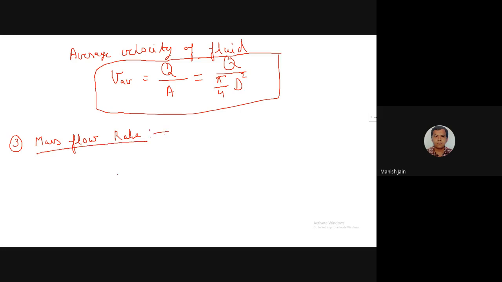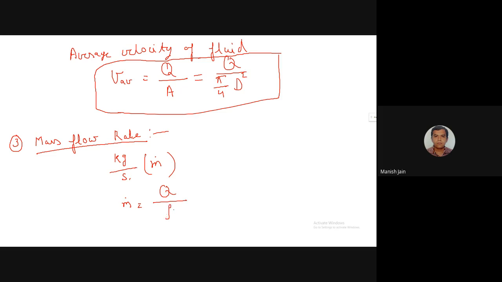Mass flow rate is kg of fluid or grams of fluid flowing per unit second. So how much fluid in terms of mass is flowing per second. How do you calculate the mass flow rate, and how do you convert the volumetric flow rate to the mass flow rate? Mass flow rate is generally represented by m dot. m dot is equal to Q divided by rho.